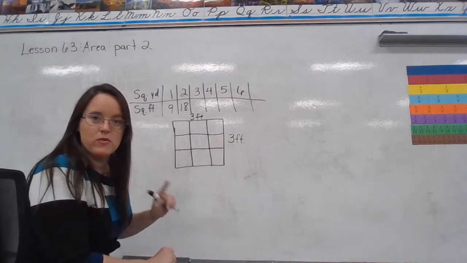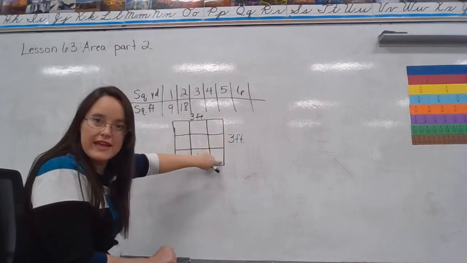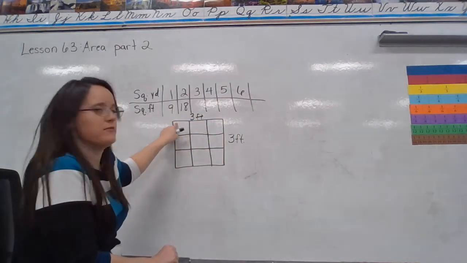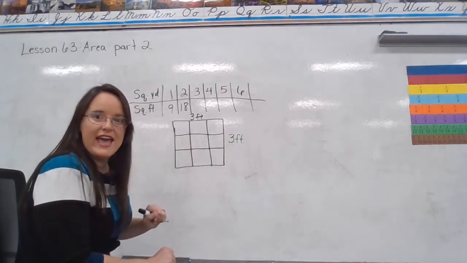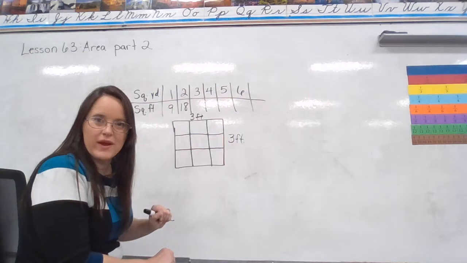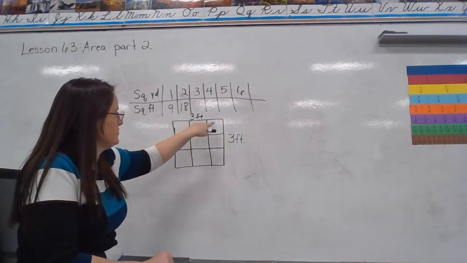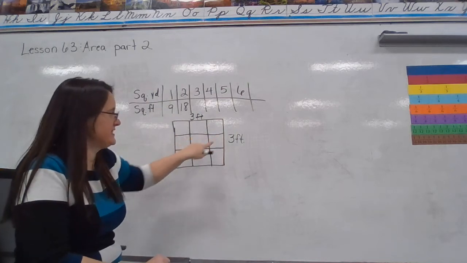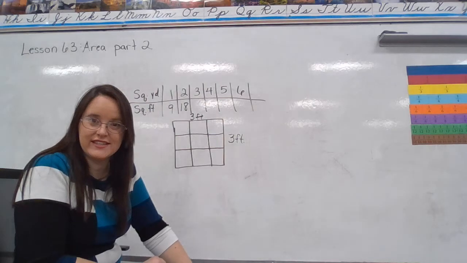Okay, so I took my 1 yard and I broke it into 1, 2, 3 feet. And then this way I broke it into 1, 2, 3 feet. And look how many square feet I end up with. I have 1, 2, 3, 4, 5, 6, 7, 8, 9 square feet.